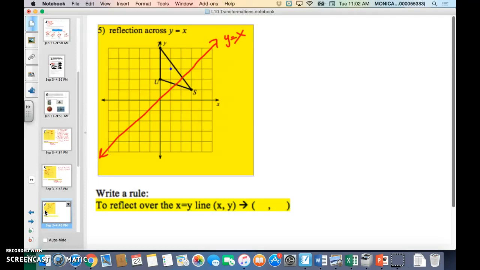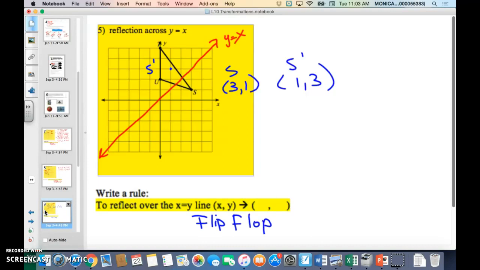All right, and this one, so S is at 1, 3, and what's going to happen is here's your new S prime at 3, 1. So what happens is your x and your y coordinate flip-flop. So flip-flop coordinates. So y comes first and then x.